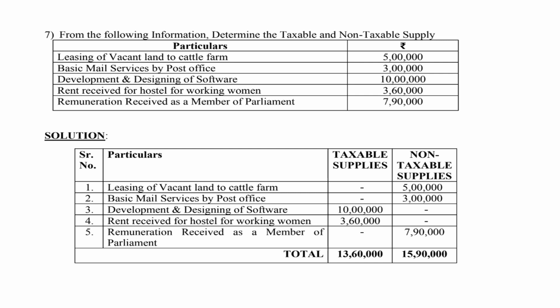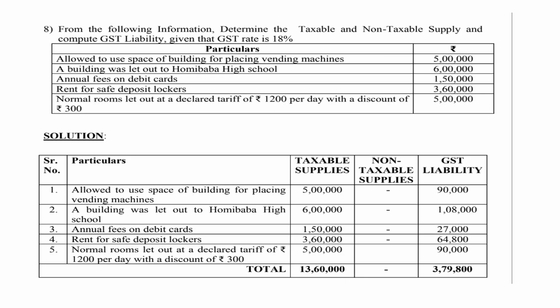If you total the taxable supply, you will get 13,60,000, and in the non-taxable supply you will get 15,90,000. So this is your solution for problem number 7.